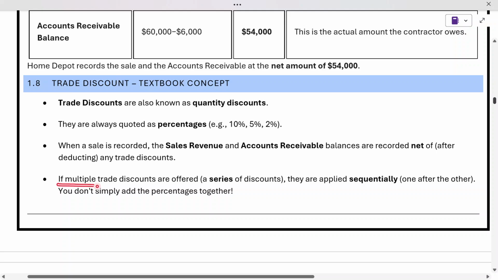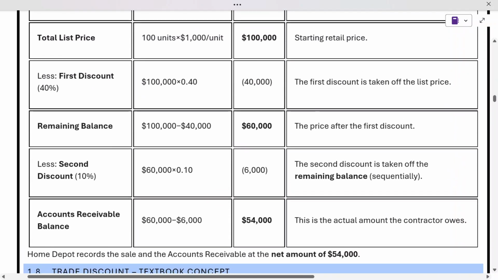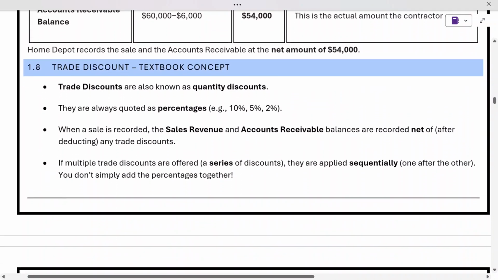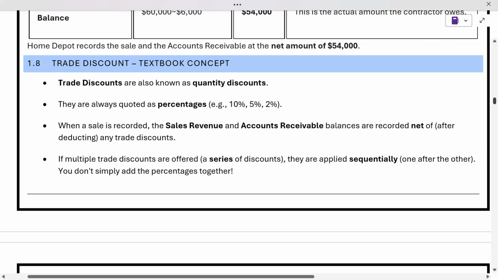And if multiple trade discounts are offered, a series of discounts, just like in this example, there are two discounts, 40% and 10%, then they are applied sequentially, one after the other.